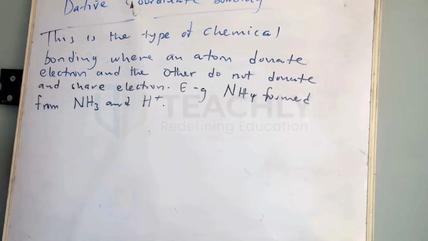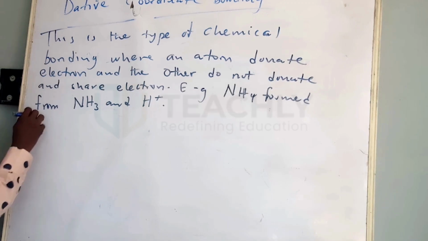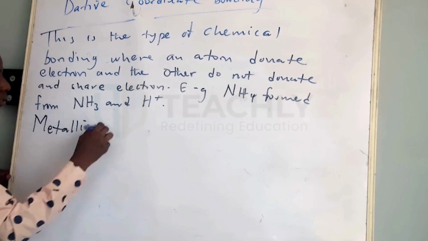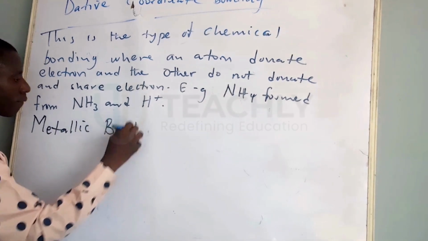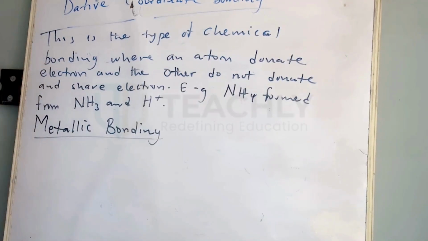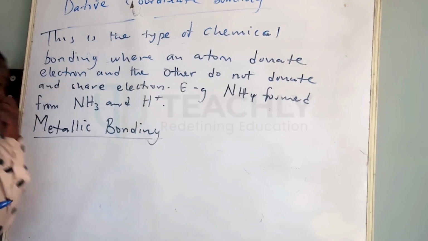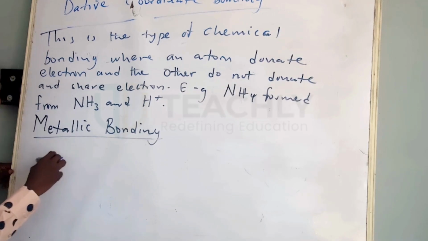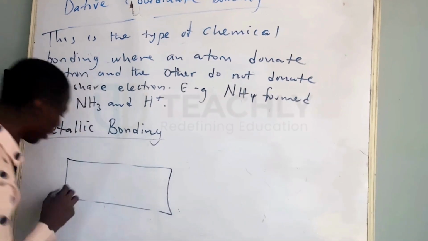Another type of bonding we still have is metallic bonding. Metallic bonding is common to most metals. Let's say that this is a metal.